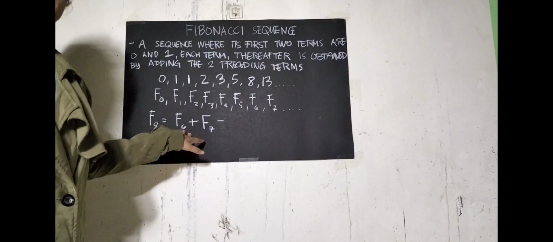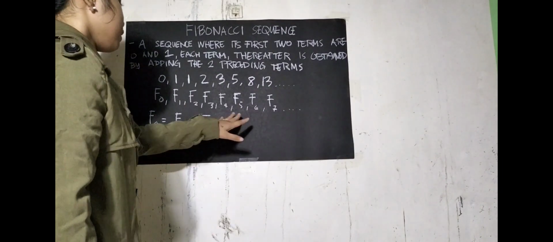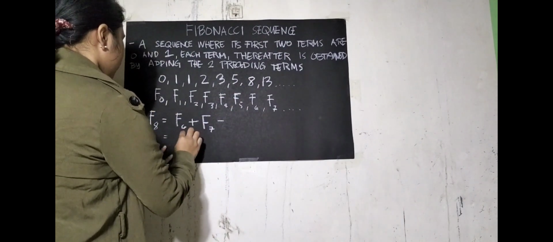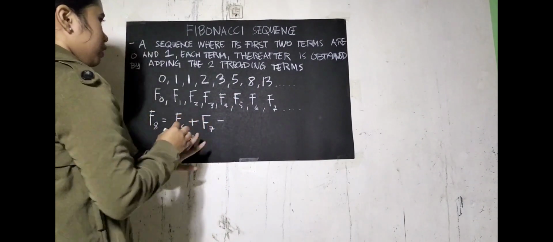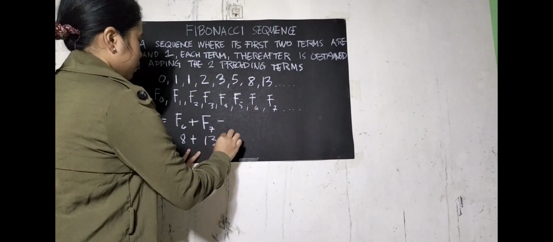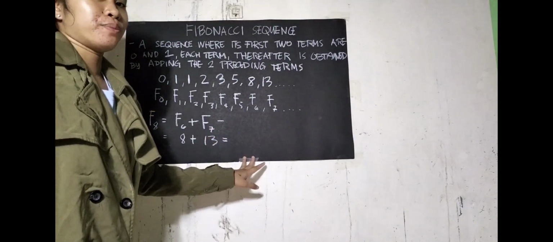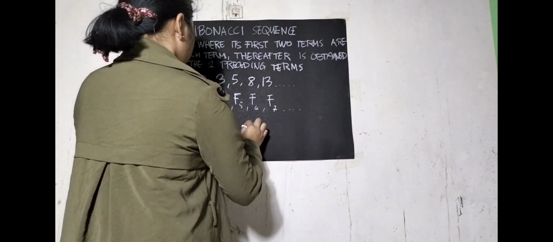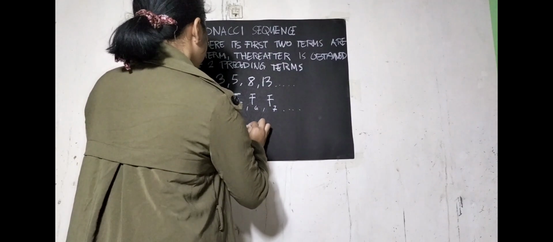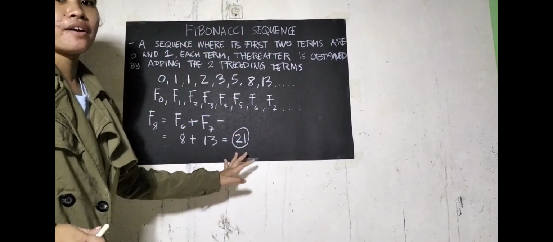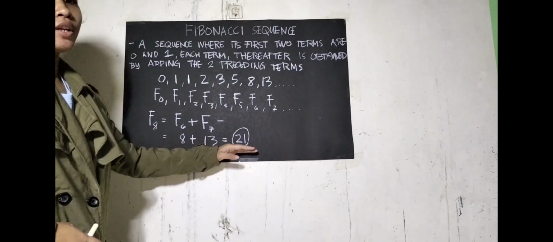So f sub 6 is 8, f sub 7 is 13. So the ninth term is 21. Therefore, f sub 8 or the ninth term is 21.